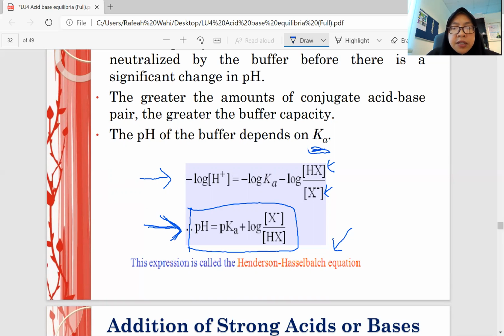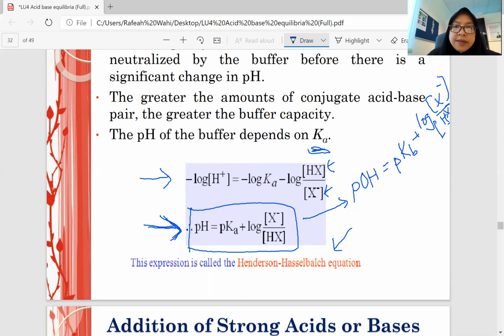For a buffer, we have another alternative expression of the Henderson-Hasselbalch equation for pOH. Let me share it here: pOH is equal to pKb plus log, like this.